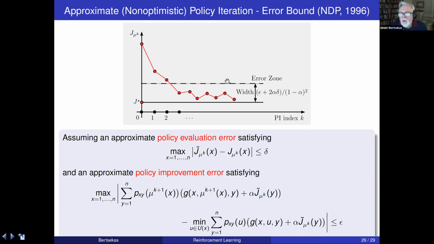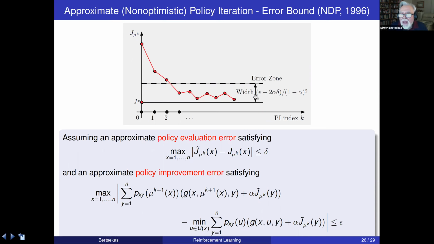So we obtain a sequence of costs. We are not guaranteed that this sequence is going to be monotonically converging to J star. This is only true for exact policy iteration, not for approximate policy iteration with these errors. However, what we can prove is the following: asymptotically, as the number of iterations k increases, you are going to come within an error zone of the optimal, and you're going to stay there.